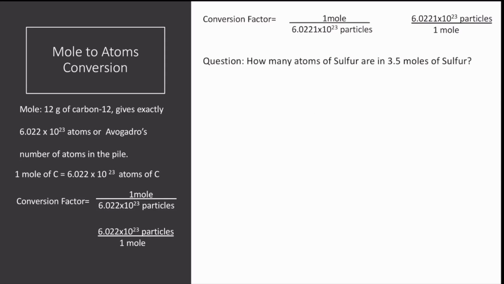So as the first case, let's go over how to convert from moles to atoms. As an example here, we have how many atoms of sulfur are in 3.5 moles of sulfur. So in this case, we're going from moles to atoms. So we start with 3.5 moles of sulfur.